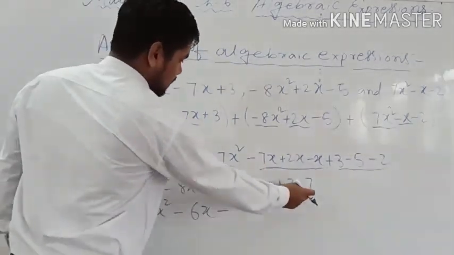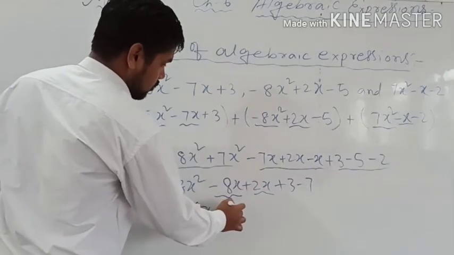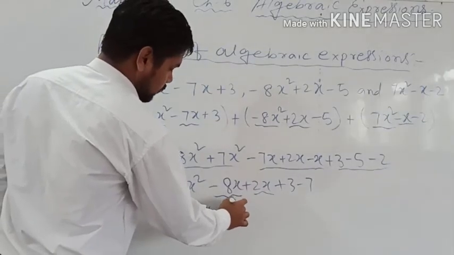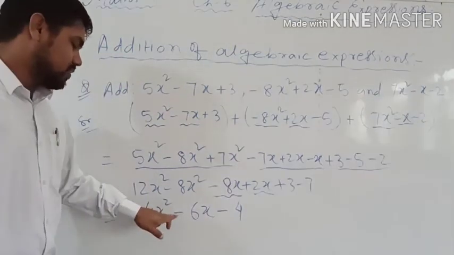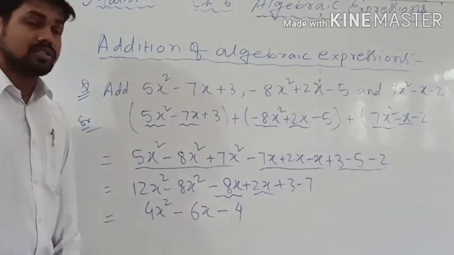Then 3 minus 7 is minus 4. So the final expression is 4x square minus 6x minus 4.